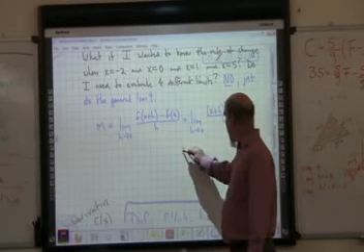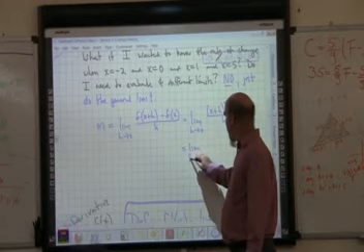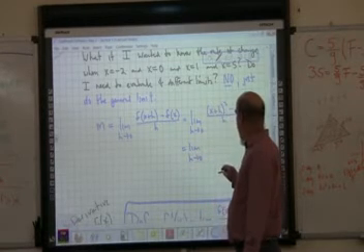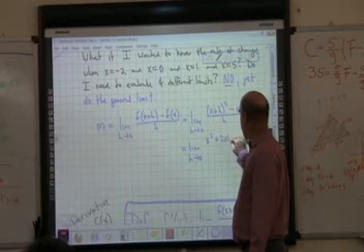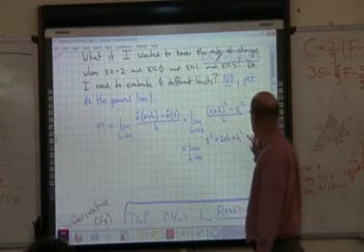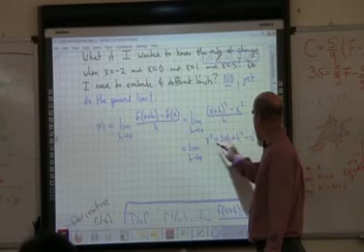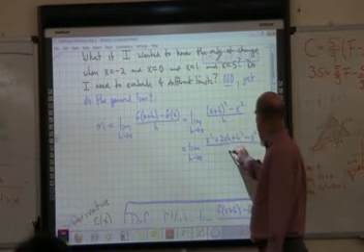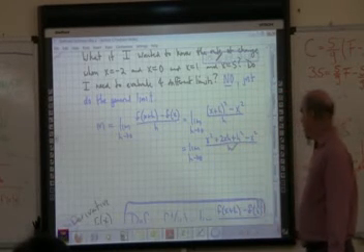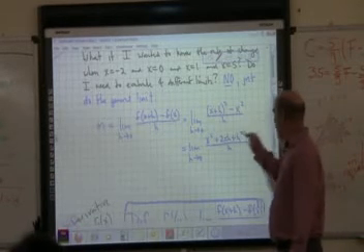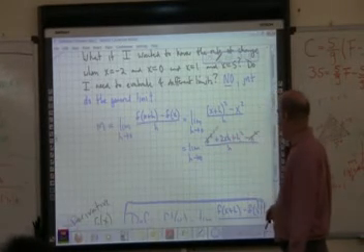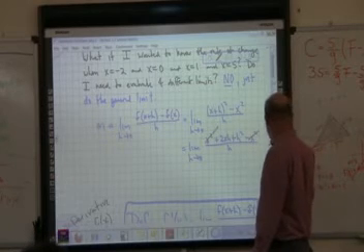This is equal to the limit as h approaches 0 of x squared plus 2xh plus h squared minus x squared all over h. Cancel my x squareds, factor out an h.